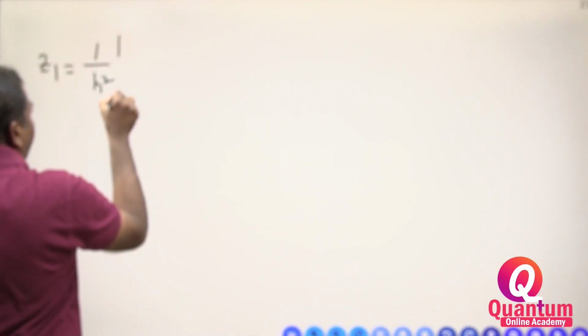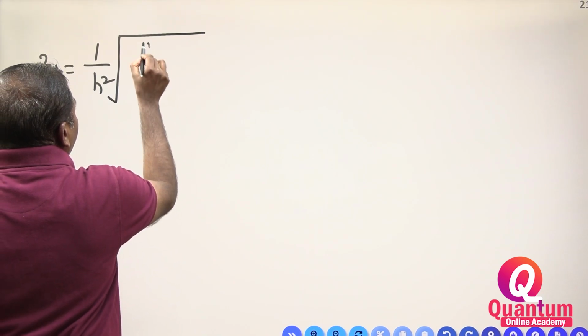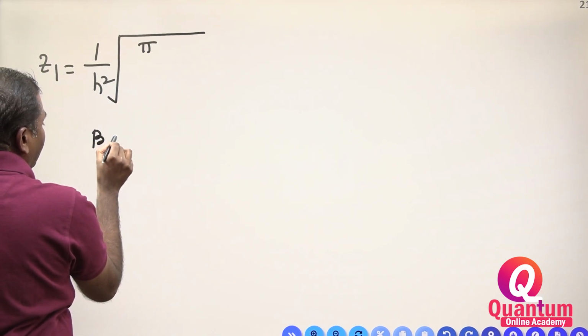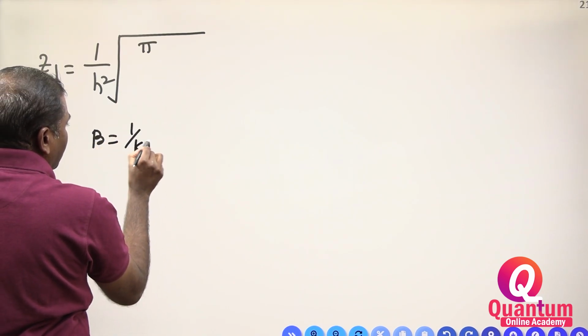Z1 is equal to 1 by h square into 1 by h square root pi by beta. You know beta is equal to 1 by kT, correct?